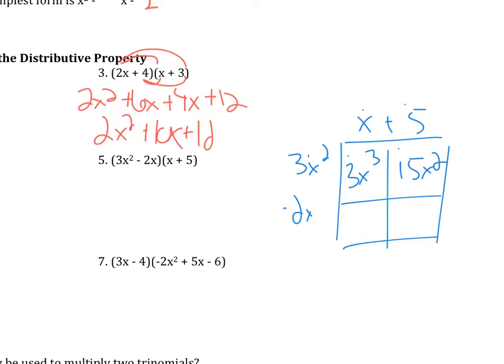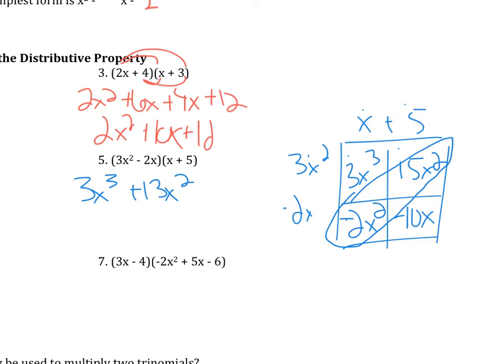Negative 2x and x gives us a negative 2x squared. And negative 2x and 5 give us a negative 10x. Generally your like terms are on the diagonal. So that gives us 3x cubed, negative 2x squared and 15x squared is 13x squared, and then negative 10x.